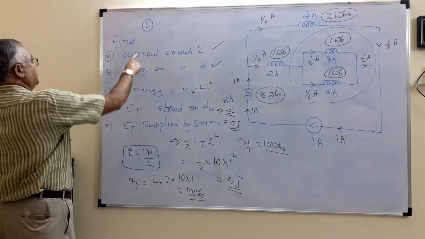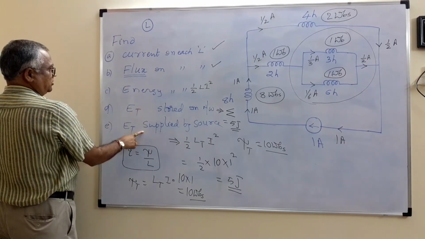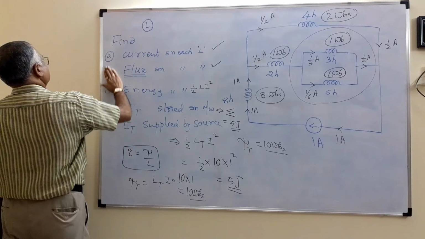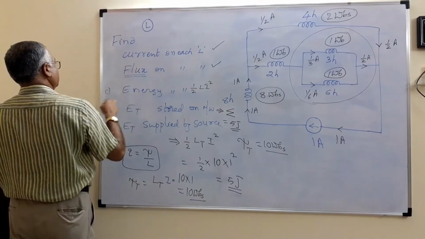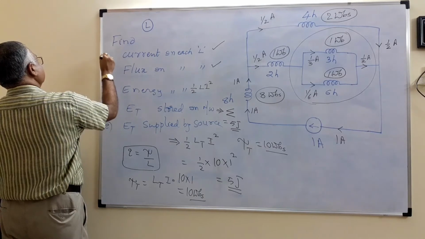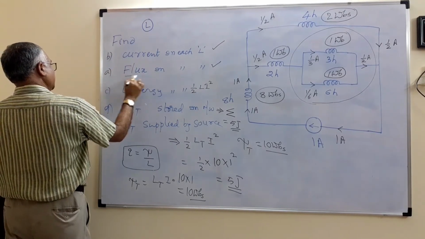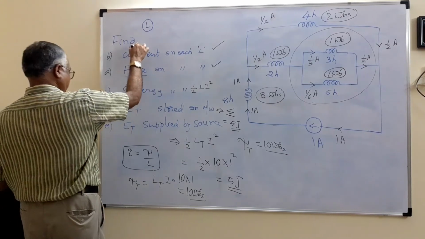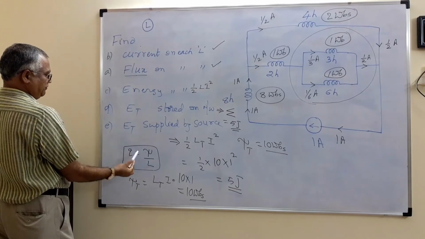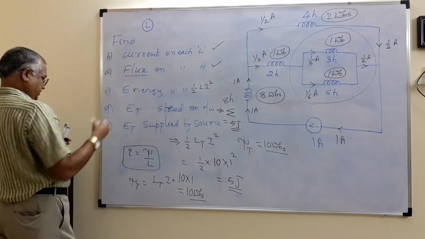So first we find current, then flux, energy, summation, total supplied by the source. What are the next possibilities? Change the order of the question. How to change? This is the A bit, this is the B bit. So first let us work out flux. From the flux you have to find current. Previously from the current we got the flux. So reverse engineering.